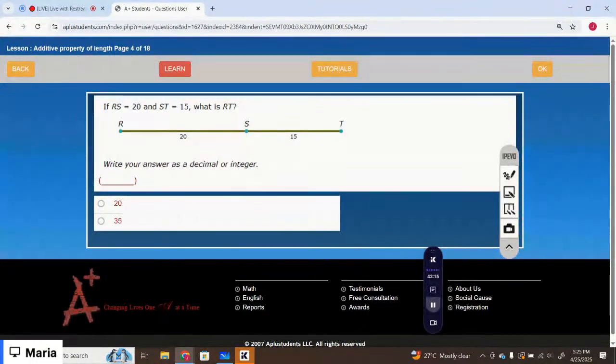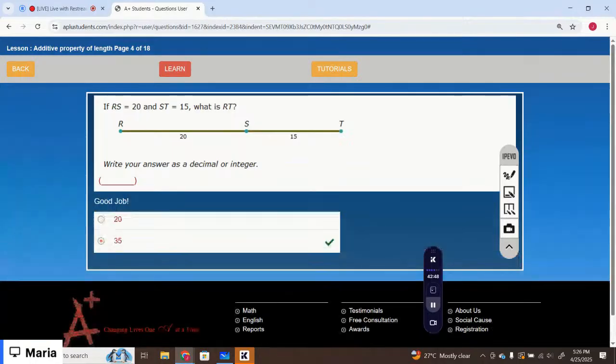If RS equals 20 and ST equals 15, what is RT? That is 35. Option number 2 is the correct option. 20 plus 15 equals 35.